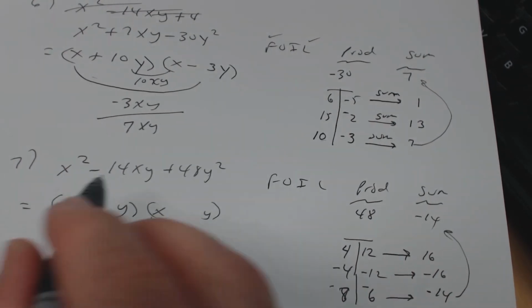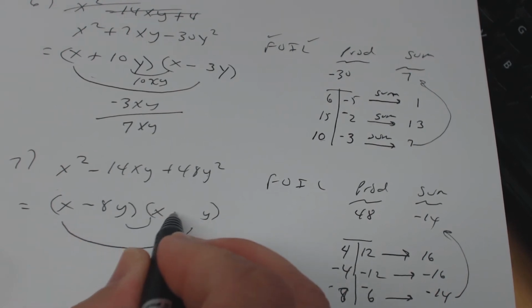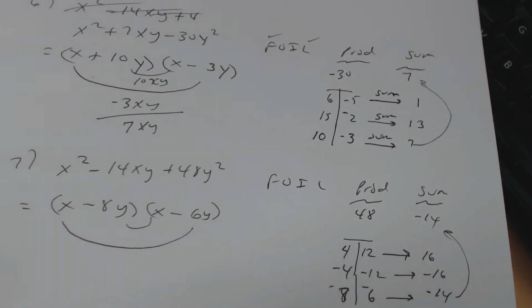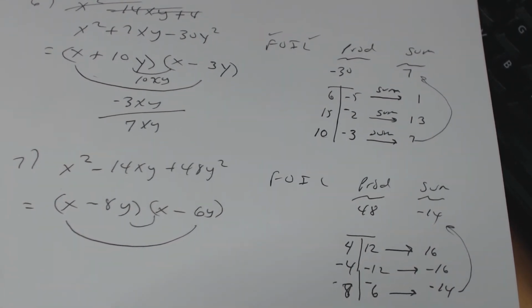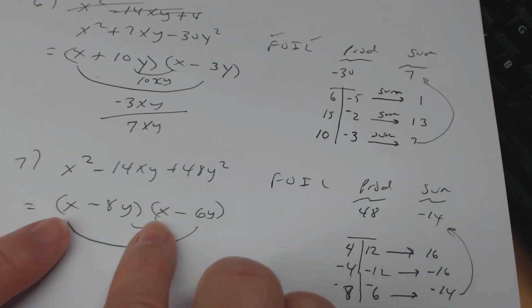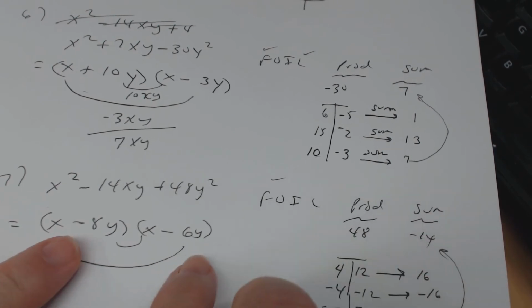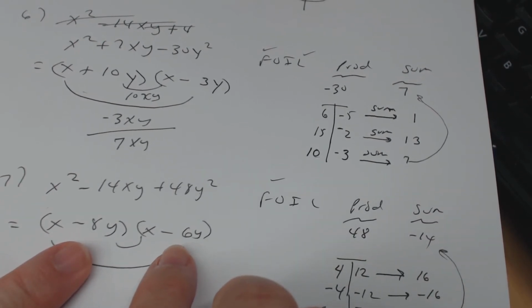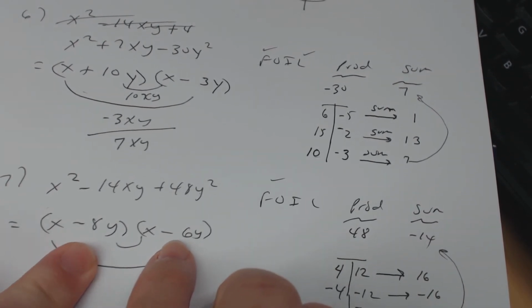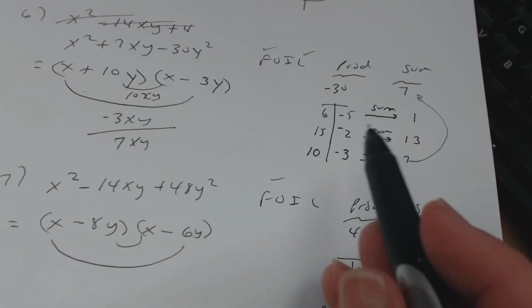So my answer is going to be x minus 8y times x minus 6y. And again, check your work. X times x is x squared. The last, a negative 8y times a negative 6y, is a positive 48y squared.